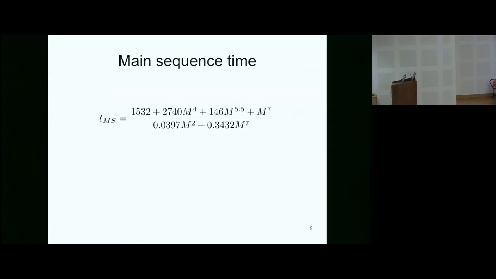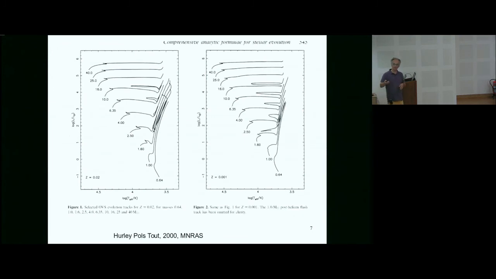And if you go to larger masses, the time on the main sequence, this is one of these crazy formulae from Hurley, Pols and Tout's paper, but the time that the star spends in this first part of the evolution, which is the main sequence, is about 90% of the total lifetime of a star.